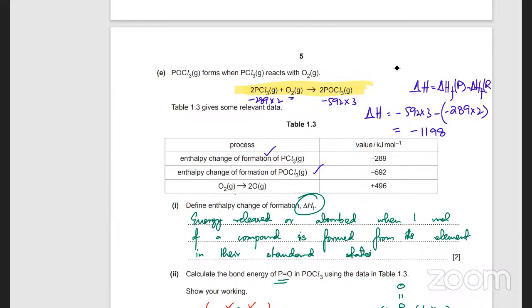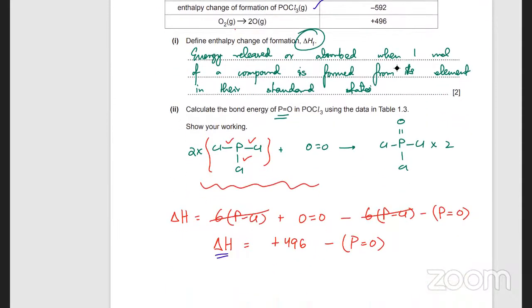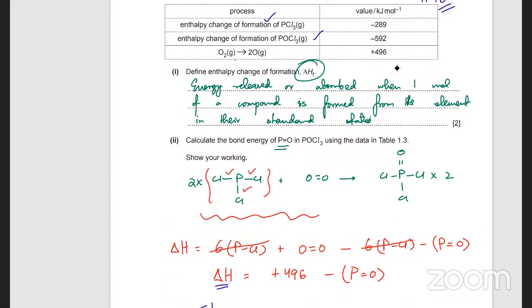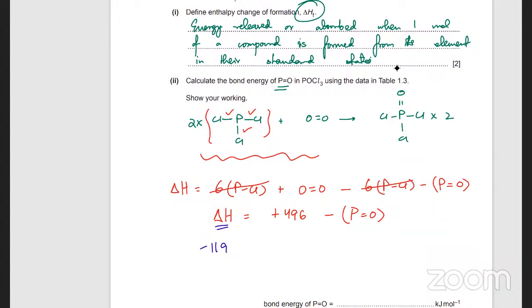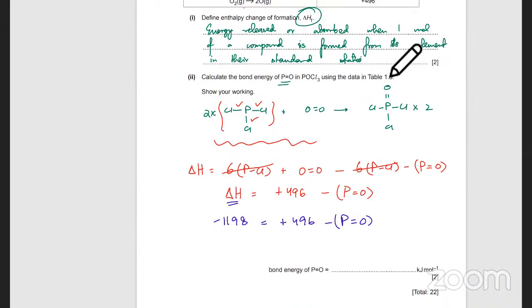Now I'm going to use that and put it over here. Minus 1198. And we can then add 496 on the other side. Now I can find out P double bond O. So we can bring minus 496.